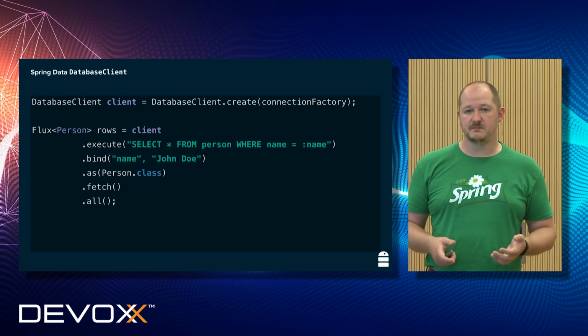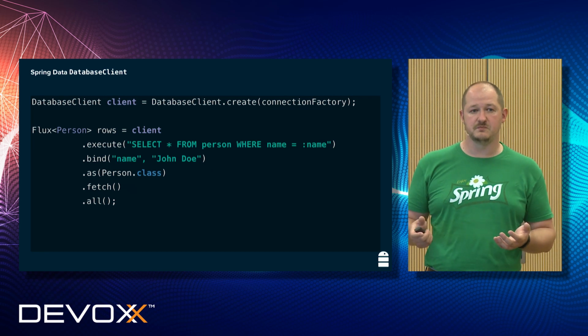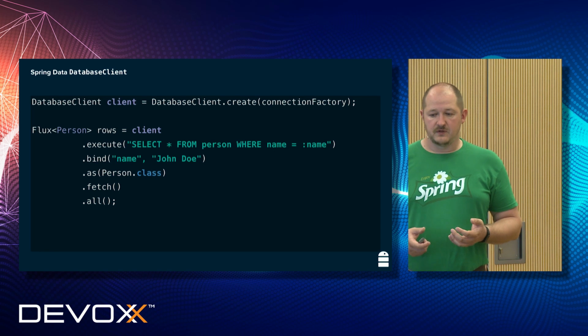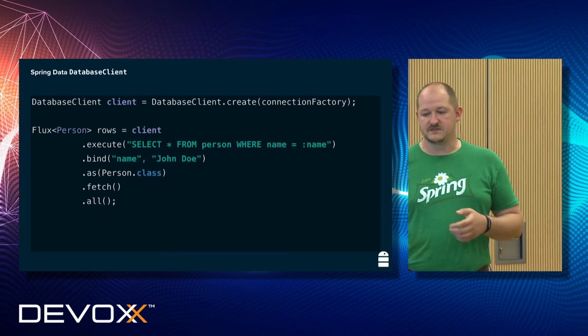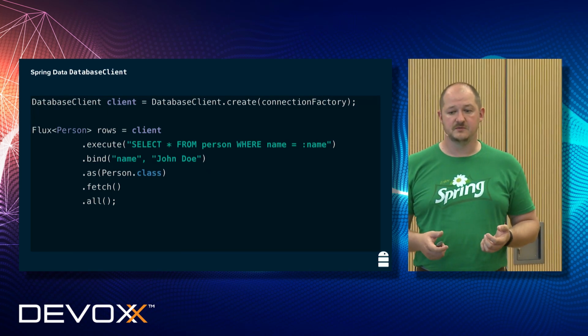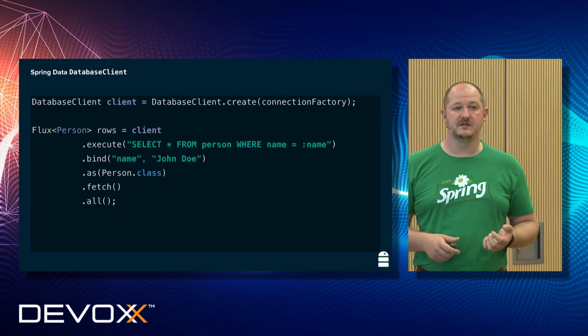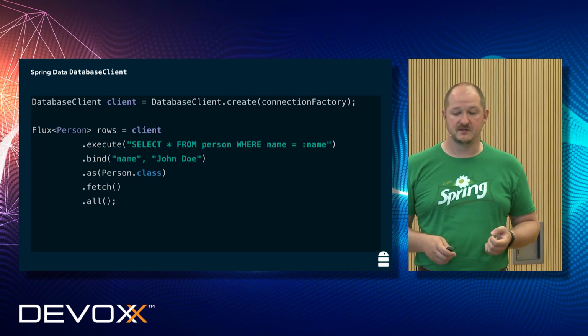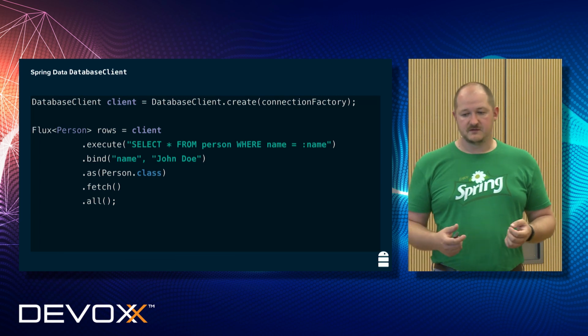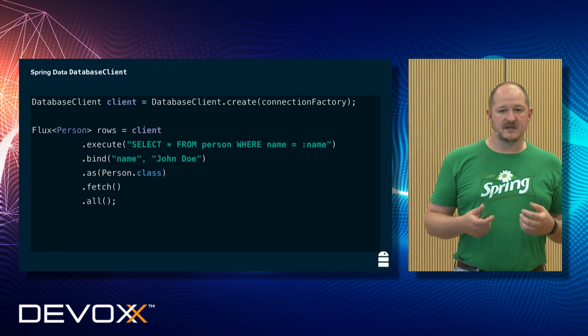And since names are much more expressive than anonymous question marks, this makes a lot of sense. So this select asterisk from person where name equals colon name is then handled and translated by the Spring Framework itself and not by each and every driver implementer. We can bind values. That's obviously a thing. We can bind scalar values to that.